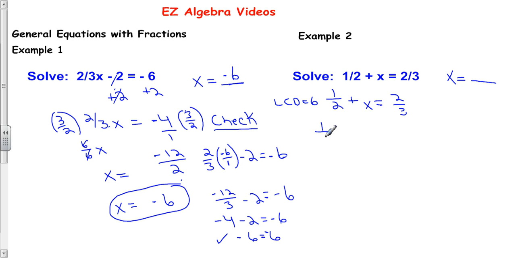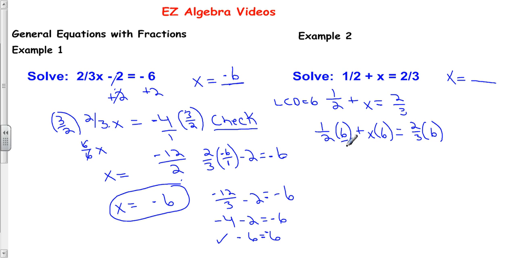So we're going to have the 1/2. We're going to multiply it by 6, plus x multiply it by 6, equals 2/3. Multiply that by 6.